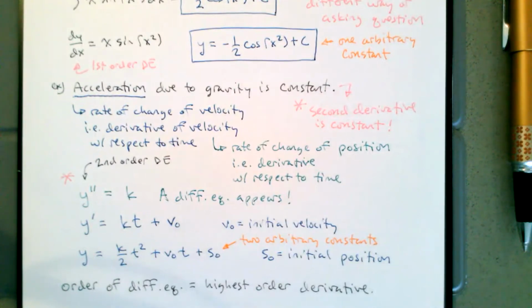In the second one, we had two arbitrary constants, we integrated two times. What we want to note is that a differential equation defines a family of functions with some arbitrary constants.